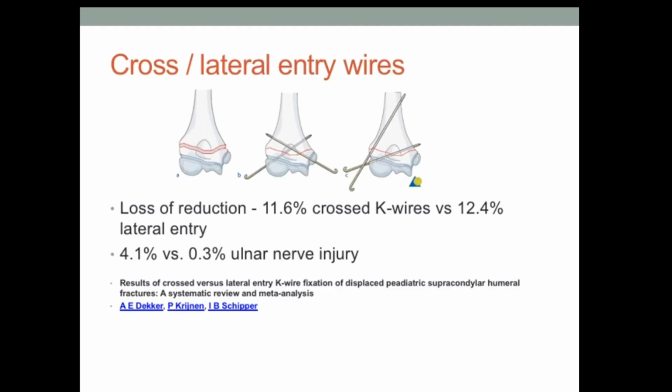However, there was a significantly higher rate of ulnar nerve injury, approaching 4%, in those choosing to place a medial K-wire. So again, it's having an understanding of the risks of the surgery that you're planning to perform and ensuring you minimize this.